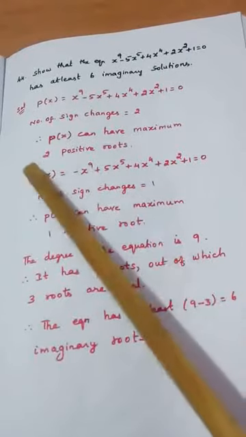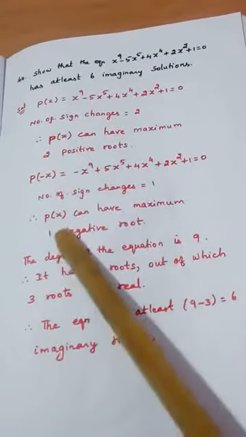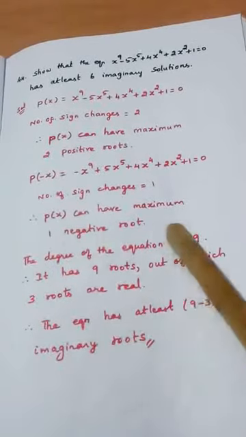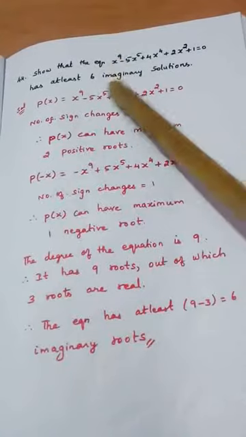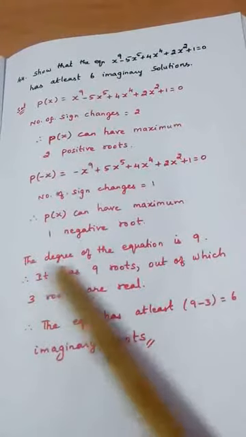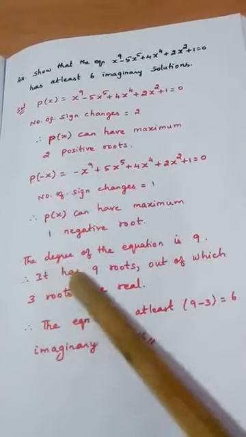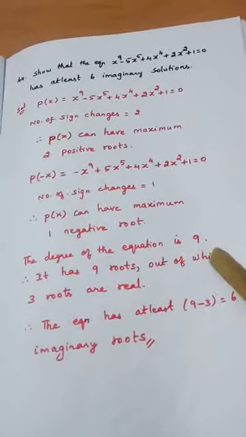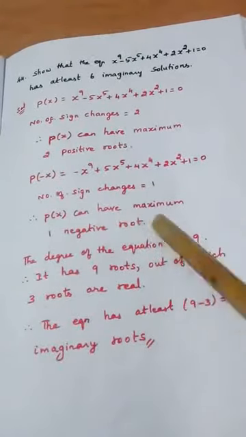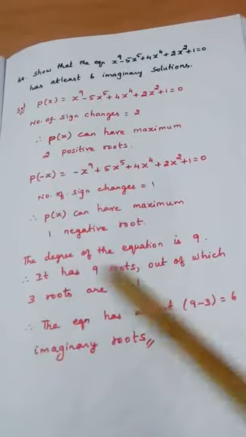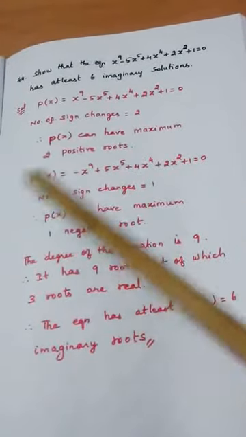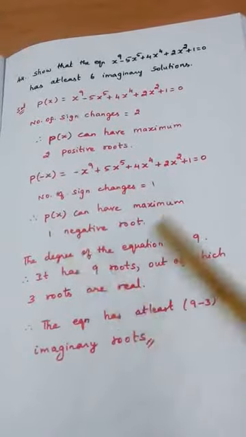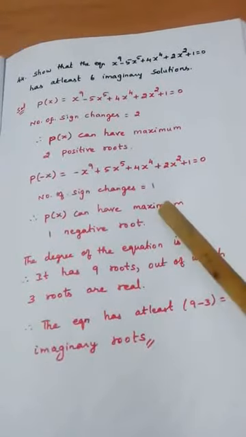So p of x can have 2 positive roots and a maximum of 1 negative root. So 2 plus 1 is 3, right? What is the degree of the equation? 9. The degree of the equation is 9. It has 9 roots, out of which 2 are positive roots and 1 is a negative root. 3 roots are real roots, right? The 2 positive roots and the 1 negative root will be real numbers.